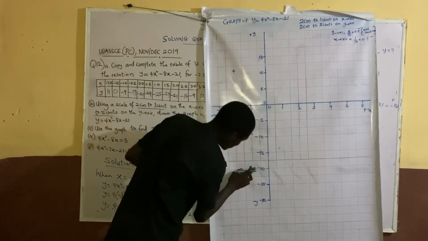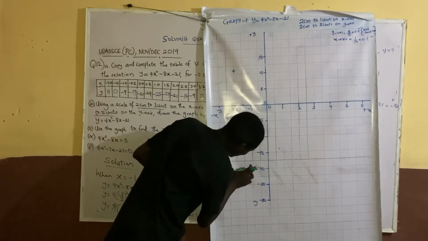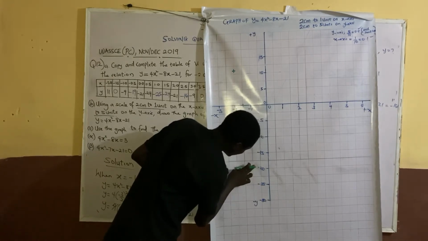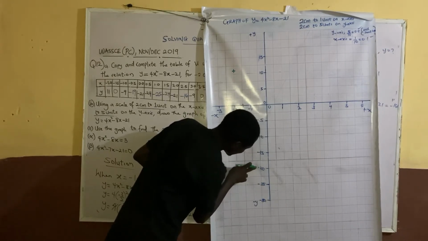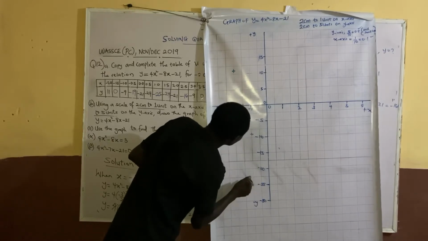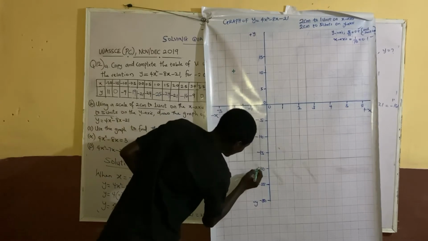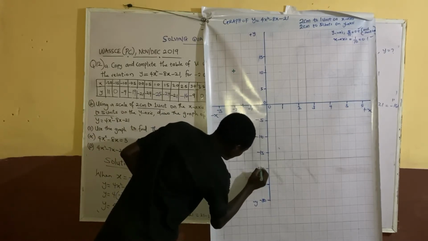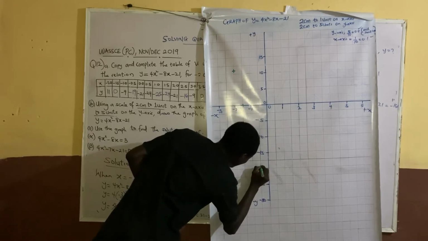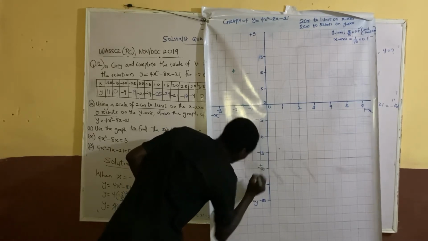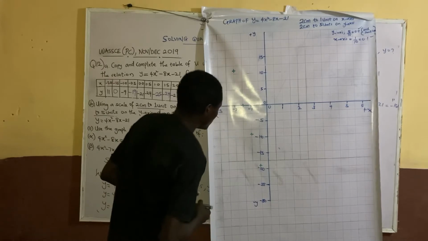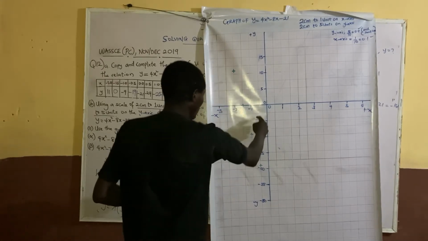This is minus 20, this is minus 19.5, minus 19. So it will be around here. So that is minus 19 for you against minus 0.5.